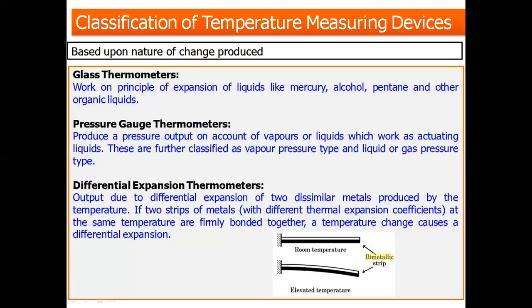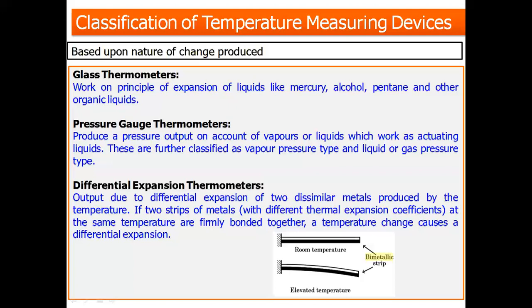It results in a change in shape of the bimetallic strip. It might get bent towards one side. That change in shape or the expansion that is taking place is calibrated with the change in temperature.